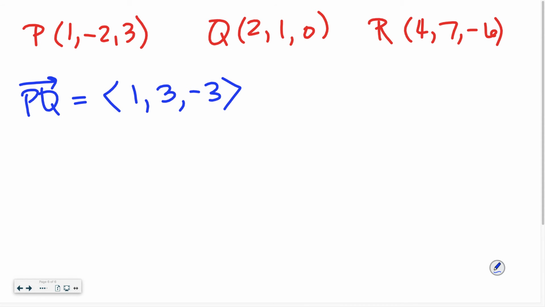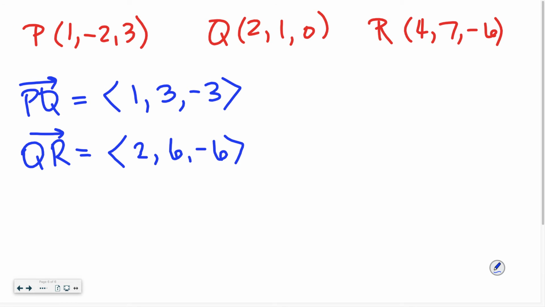Yell out another vector we can find. QR is the first one I heard. QR, terminal minus initial to be 2, terminal minus initial for 6, and terminal minus initial for -6. Ooh, they're parallel.